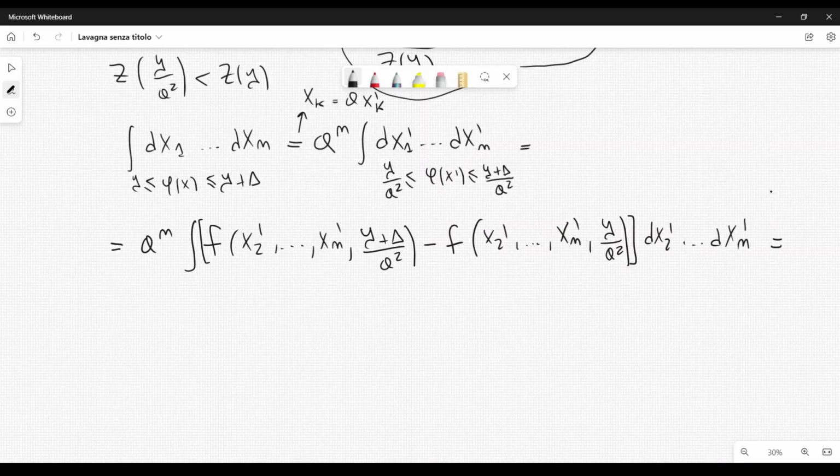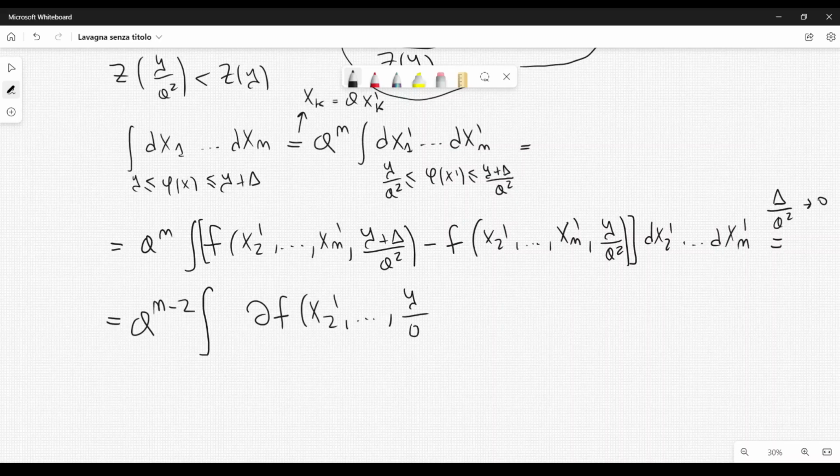Now, since delta is a very small quantity, in this case we will let delta over a squared go to 0. If we let delta over a squared go to 0, this difference here will become a differential. So we can rewrite this in this fashion: a to the power n minus 2, so let me show you why, integral of the derivative of f, which depends on x2 prime dot dot dot y over a squared, and then here we take the derivative of this function with respect to y over a squared.